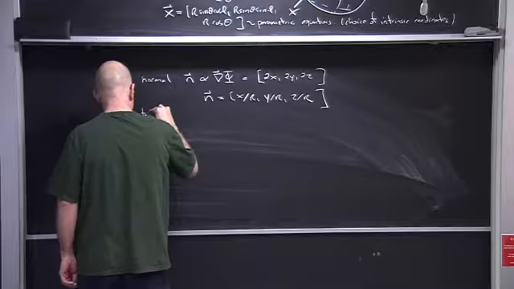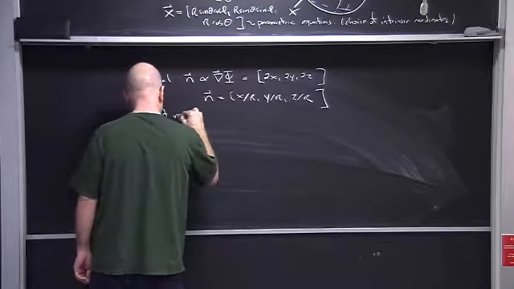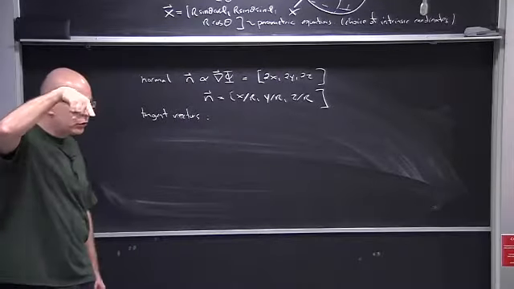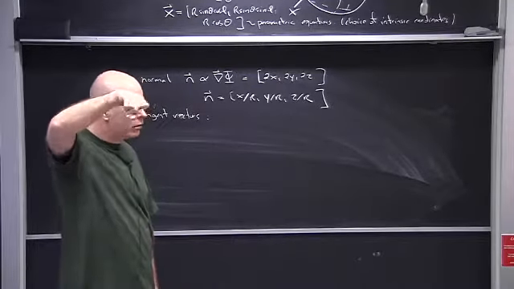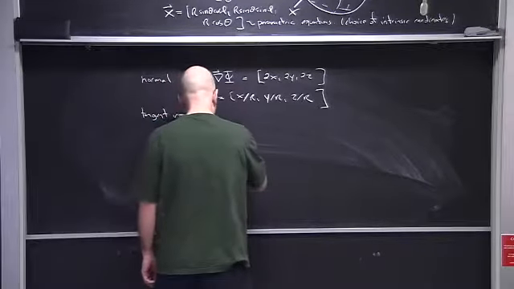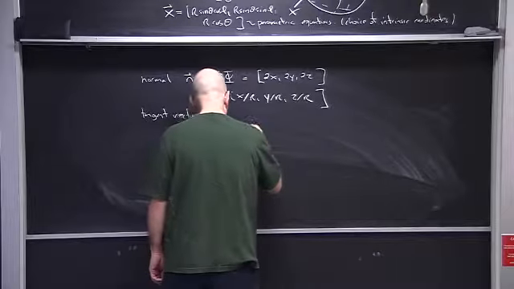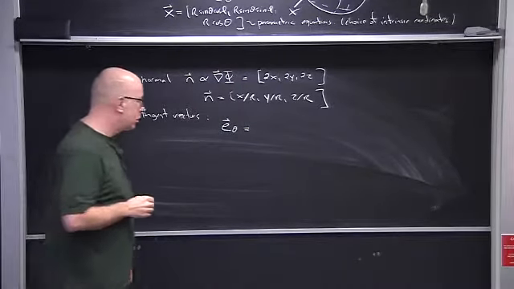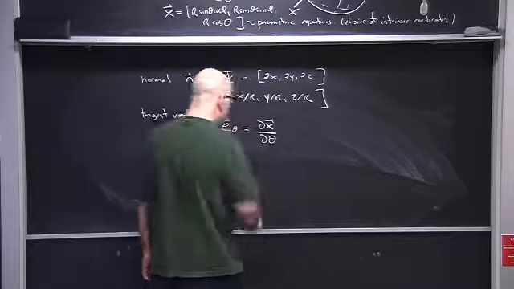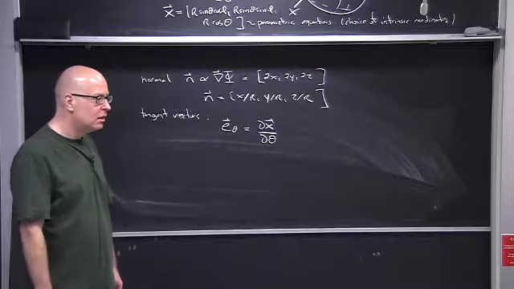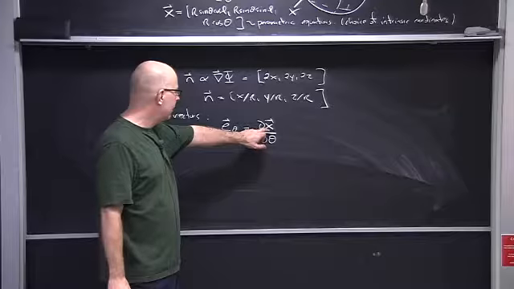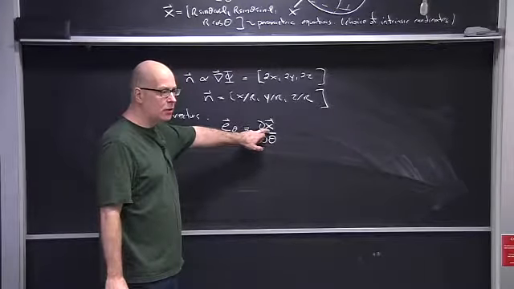So the tangent vectors are vectors that give you displacements within the surface. For example, I can introduce a tangent vector along the theta direction by taking the partial derivative of the displacement vector with respect to theta. Because what I mean by that is, vary theta and consider a displacement in that direction.